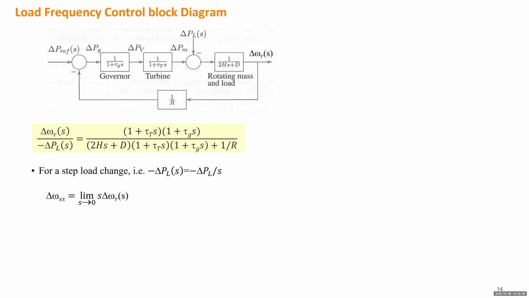You just multiply the delta omega r(s) by s, then let s be 0. So this is 0, this is 0, they're all 0. Eventually the steady state frequency is just this one.